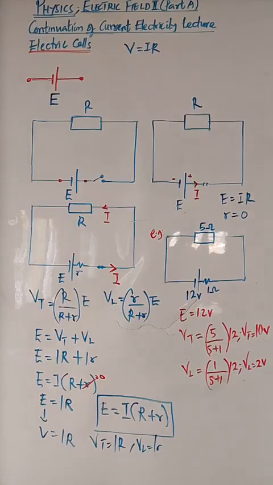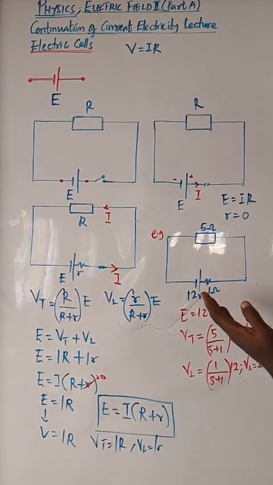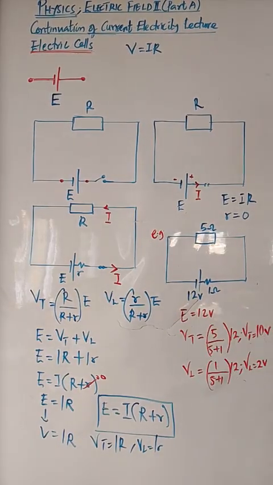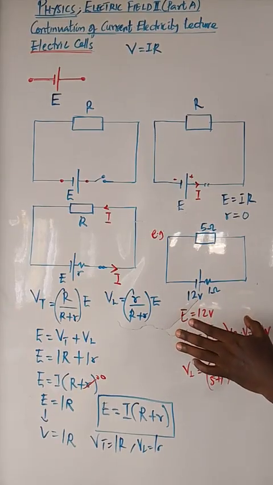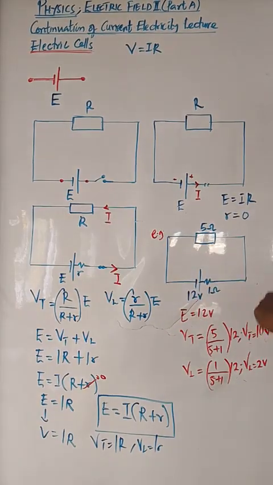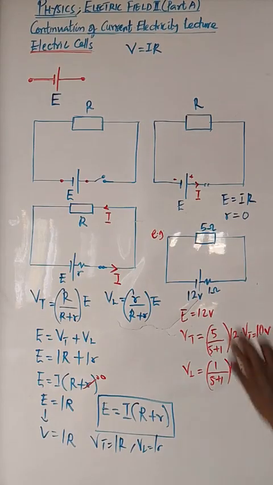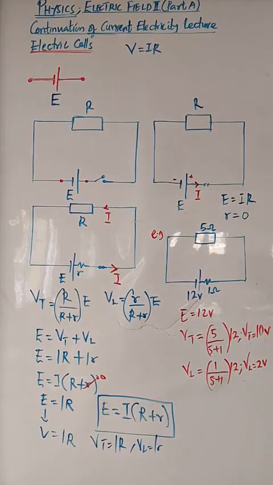So suppose I give you this question: a battery of internal resistance 1 ohm and EMF 12 volts is connected across a 5 ohm resistance. What is the voltage supplied to the 5 ohm resistance? Is it 10 volts? Just draw a circuit.